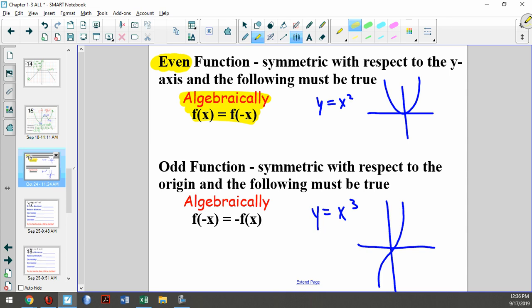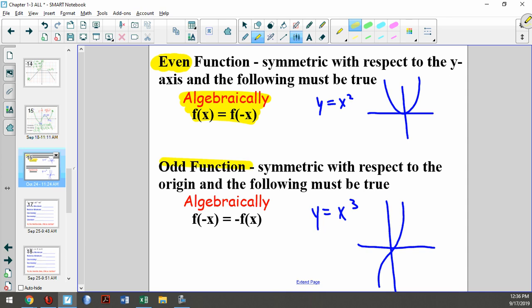You're folding it twice, once over the y-axis and then over the x-axis. Do you remember that from Algebra 2 and geometry? The point that was in quad 1 is now in quad 3, and the point in quad 2 is now in quad 4. It goes diagonally whenever you are an odd function.